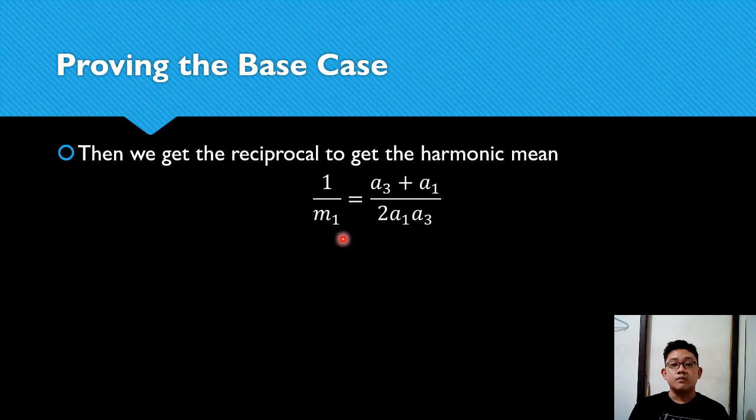So 1 over m sub 1 is equal to a sub 3 plus a sub 1 all over 2a sub 1 a sub 3. Flip it around, get its reciprocal, you get 2a sub 1 a sub 3 all over a sub 3 plus a sub 1.